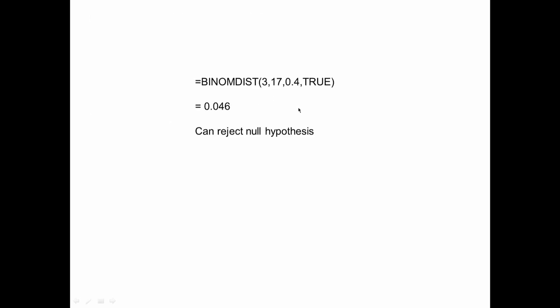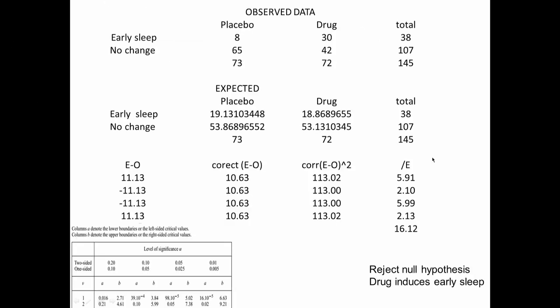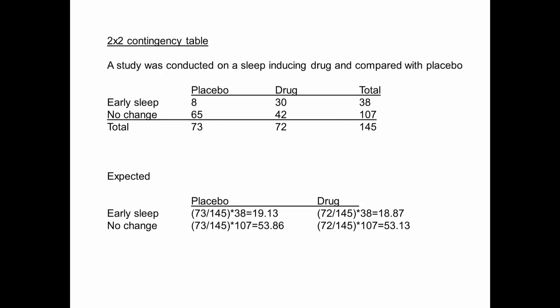Okay. Now, let us look at another problem. This is a typical 2 by 2 contingency type of situation. So, a study was conducted on a sleep inducing drug and it was compared with placebo. So, a drug was being tested to see whether it induces sleep.